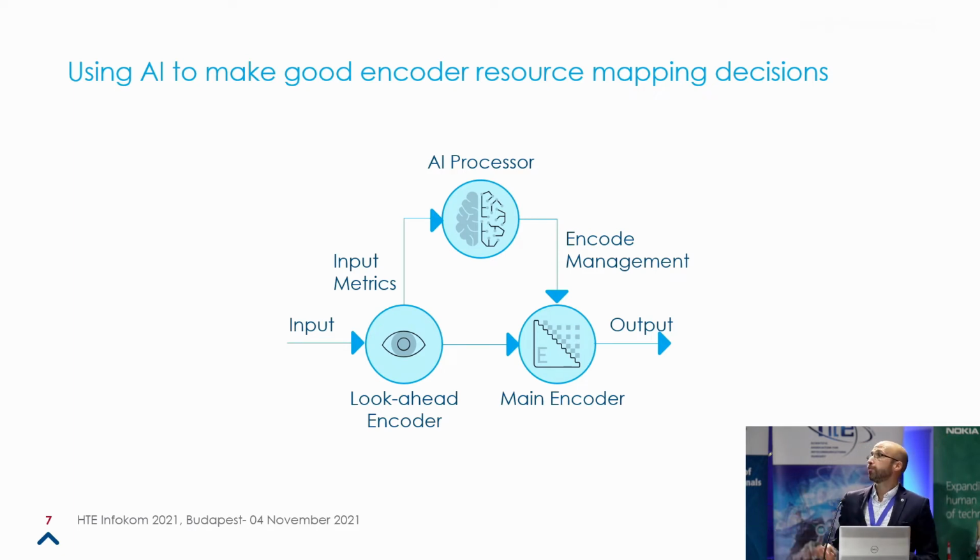You can use all the information from that look-ahead encoder, pass it to your neural network, which then does the inference and gives a classification to your content. Your encoder can then use that, on a frame-by-frame basis, to tweak its own parameters so that you can optimize your compression efficiency for that content.